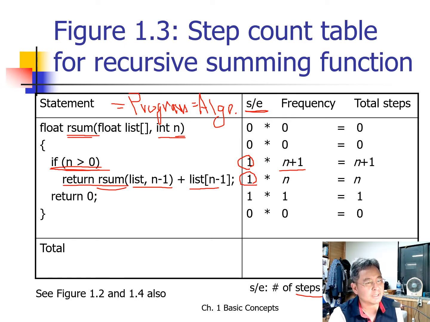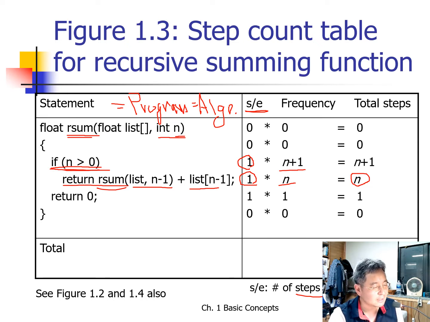And how many times will this line be called in this recursive function? This line will be called n times. So the total steps are n, because 1 times n equals n.